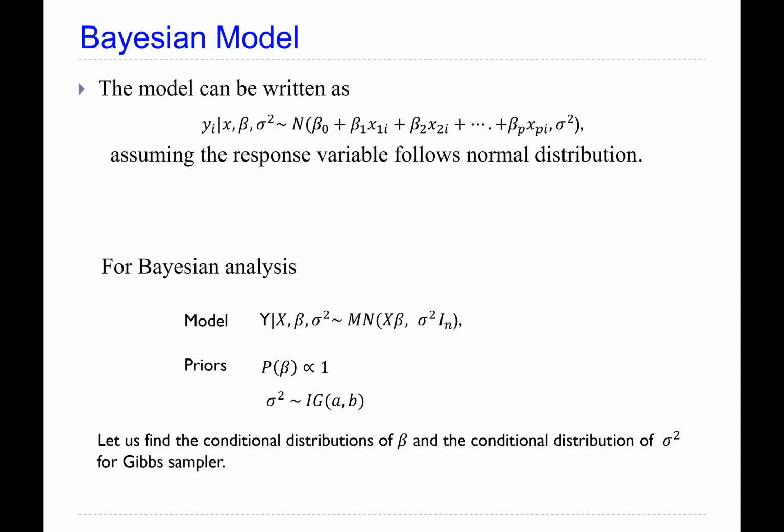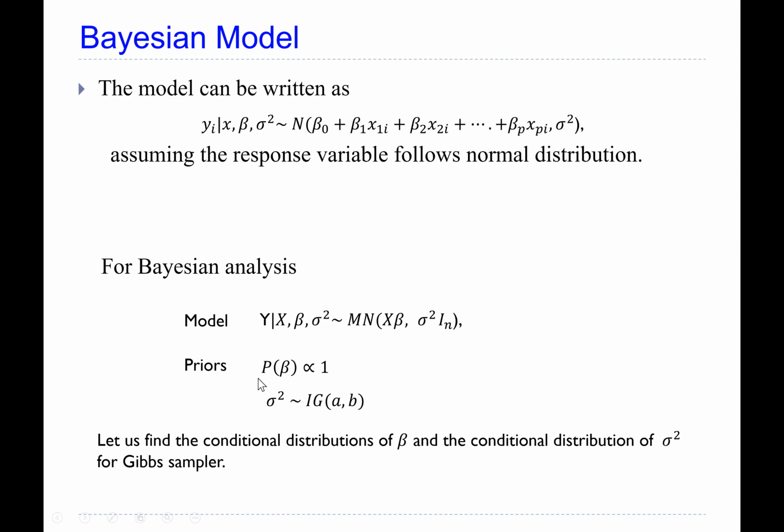There is no correlation between them. And each observed value, randomly selected from a distribution, has the same variability sigma square.